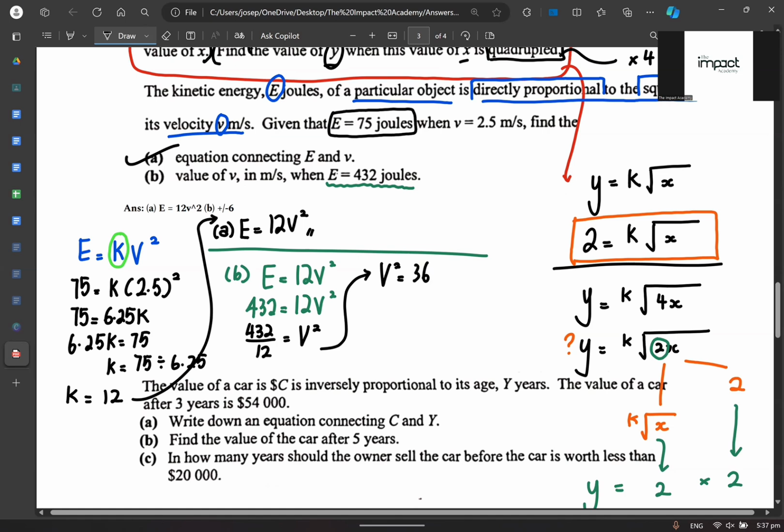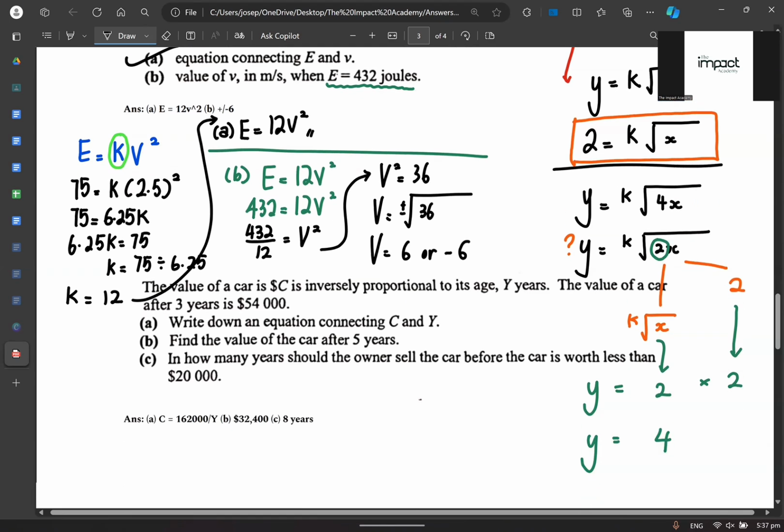How do you find V? Square root, don't forget, plus minus 6. So V is actually equals to 6 or minus 6. Agree so far? All right, that's about it.